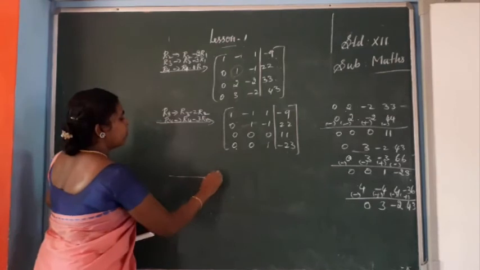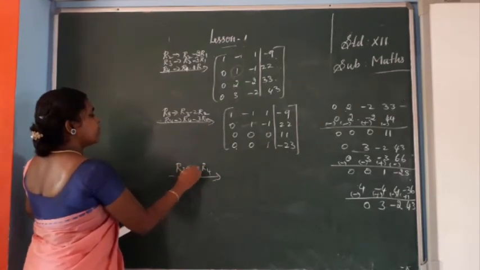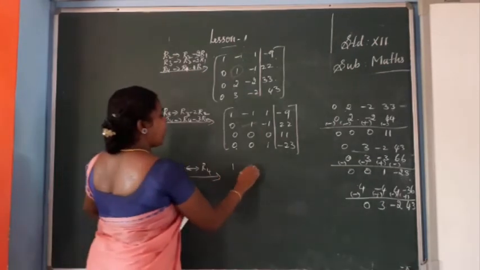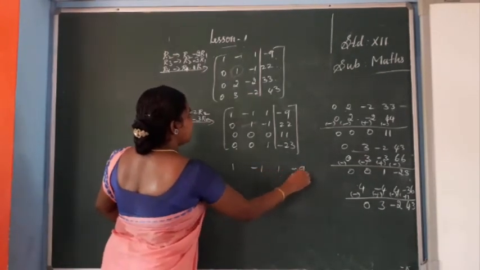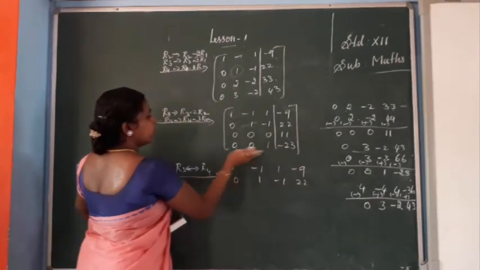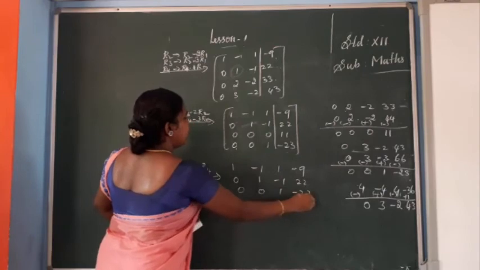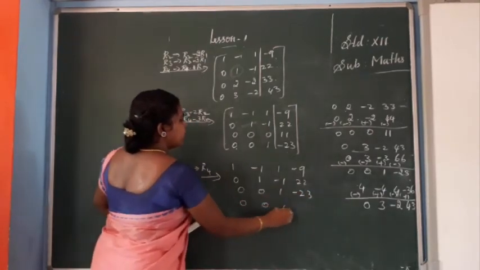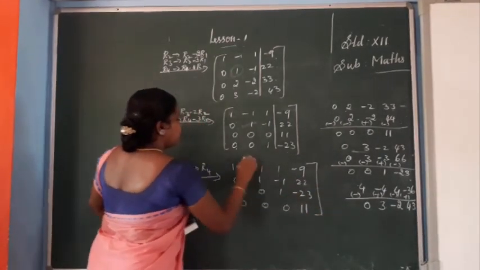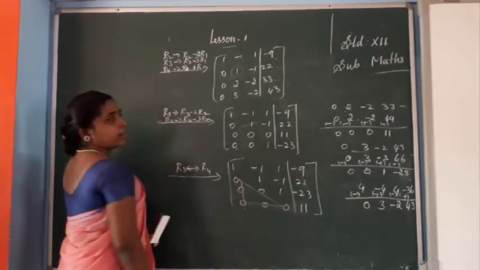Then we will get the echelon form. 1, minus 1, 1, minus 9, 0, 1, minus 1, 22. So this one you take here: 0, 0, 1, minus 23. Next 0, 0, 0, 11. Okay, now you see this is echelon form. So we have converted.